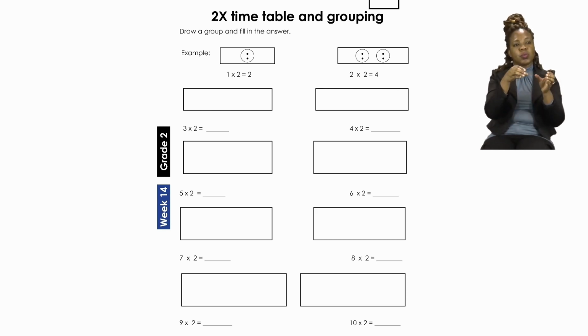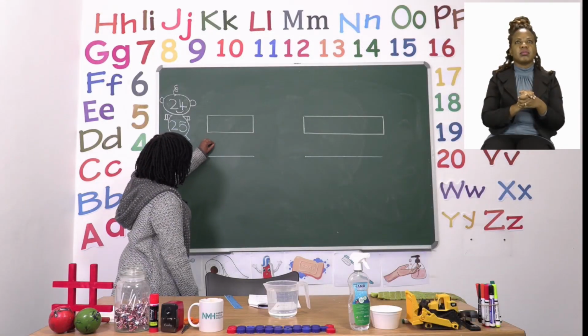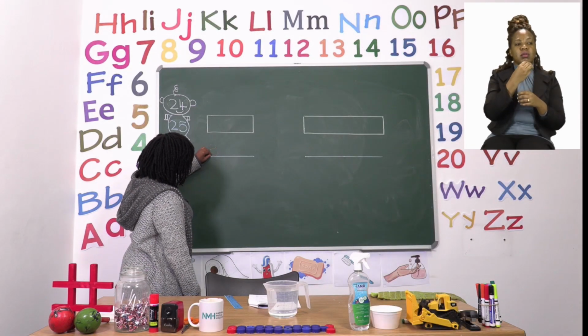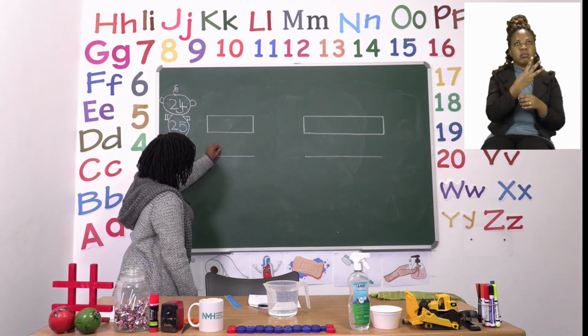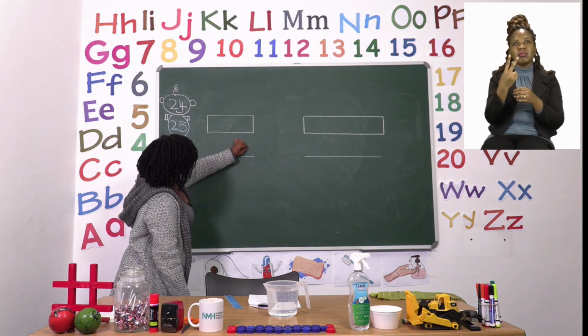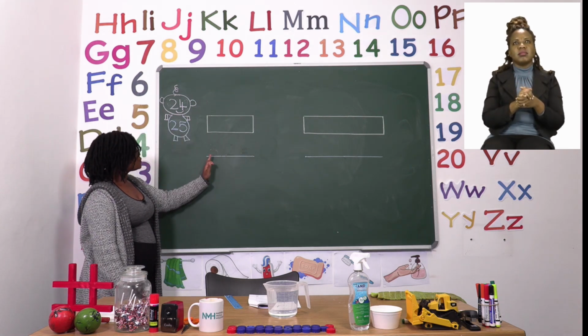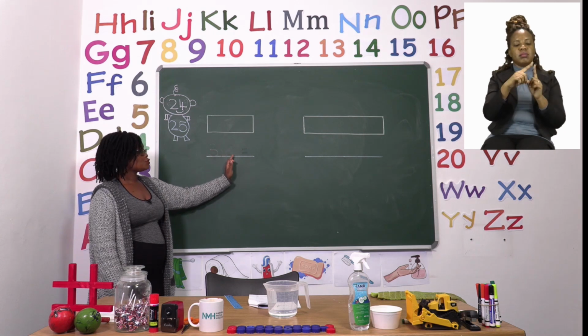So the first thing we're going to do is write our 3 groups of 2. We have 3 and then we have groups of 2 equals. Now this can also be said to be 3 times 2.